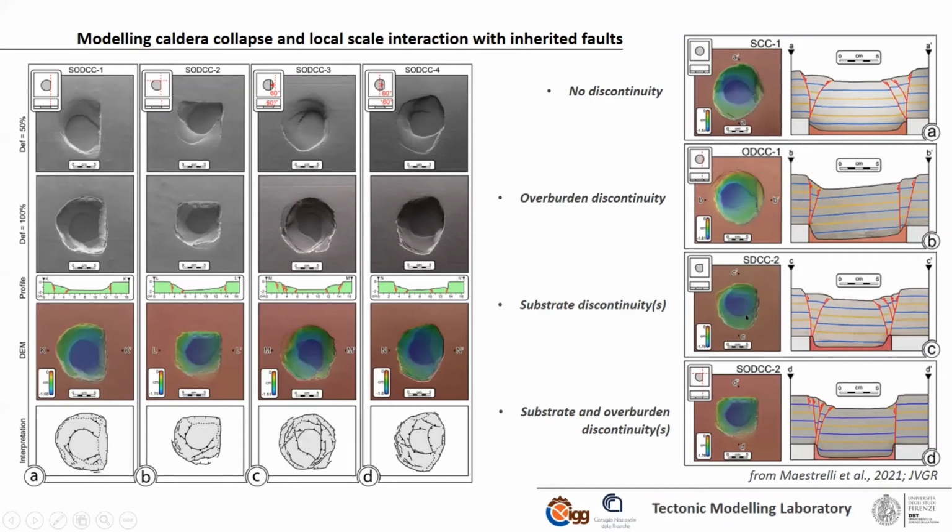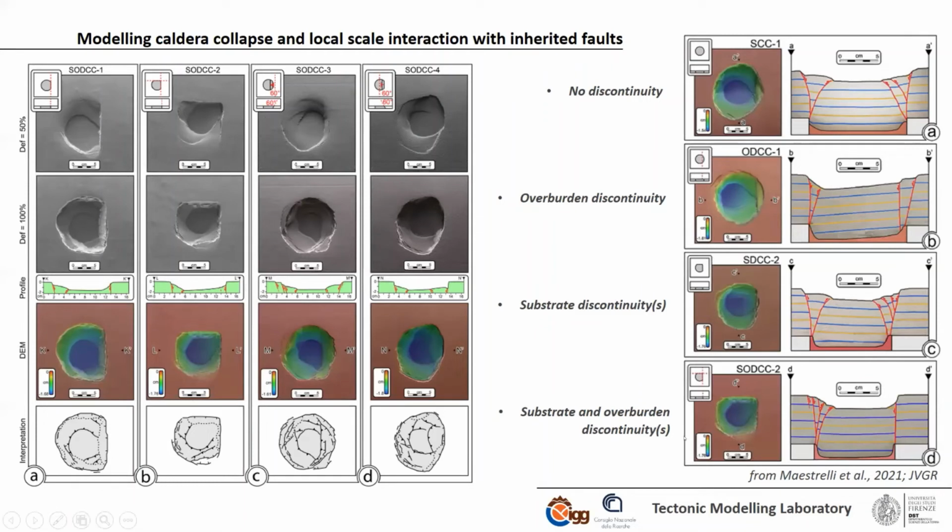While if you introduce inherited discontinuity only in the substrate, by creating straight sides for the magma chamber, what you get is still the presence of both systems. So you still have the outer normal faults and the inner reverse faults, but those are rectilinear.